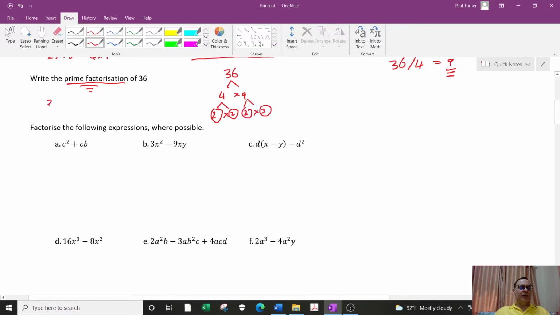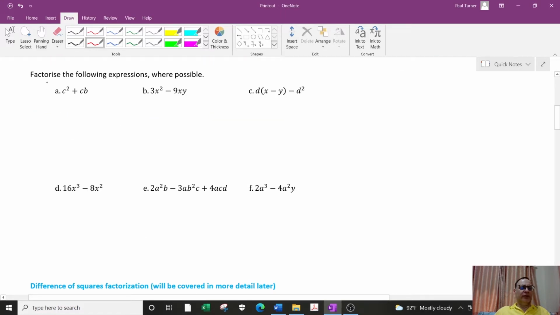So we write 36 as the product of the prime factors: 2 times 2 times 3 times 3 equals 2 squared times 3 squared. So that's called the prime factorization of 36. The factors are prime numbers. 2 is a prime number, 3 is a prime number.